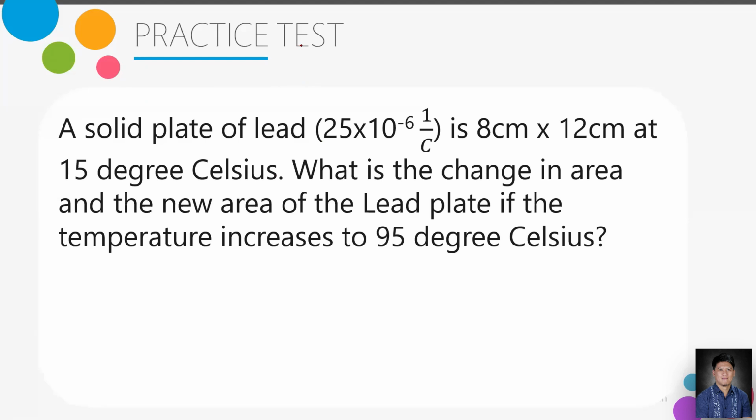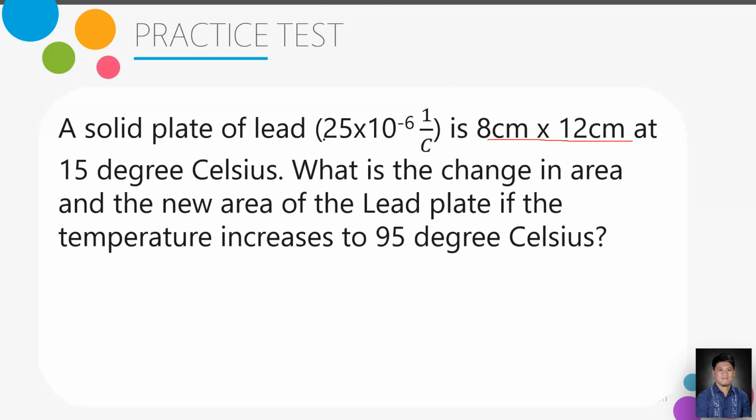So what is the change in area and the new area of the lead plate if the temperature increases to 95 degrees Celsius? So in this case, meron tayong isang lead plate daw na may dimension na 8 centimeters and 12 centimeters. So ito yung dimension ng ating lead plate.